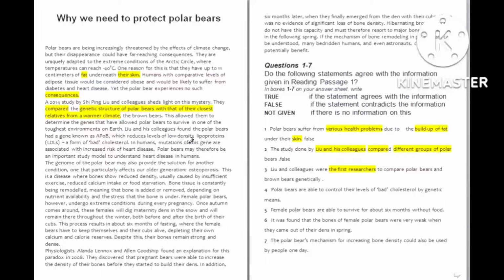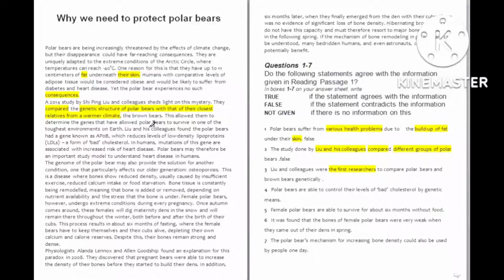But we could not find the first researcher. So there is not any kind of information about Lee and his colleague, whether they are the first researchers or second researchers, or whether the study had been done before their research.